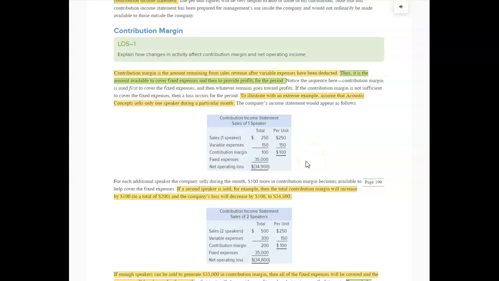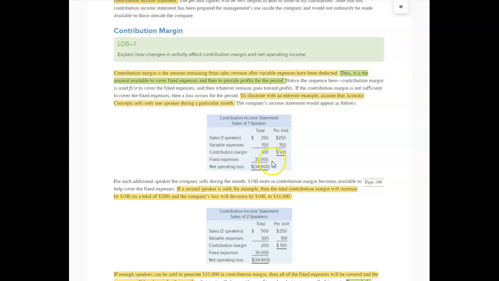So let's just say, for example, again, an extreme example, the company sells only one unit. At $250 a unit, and it sells one unit, the revenue is $250. Variable expense, one unit, $150. Subtract, our contribution margin for one unit is $100.